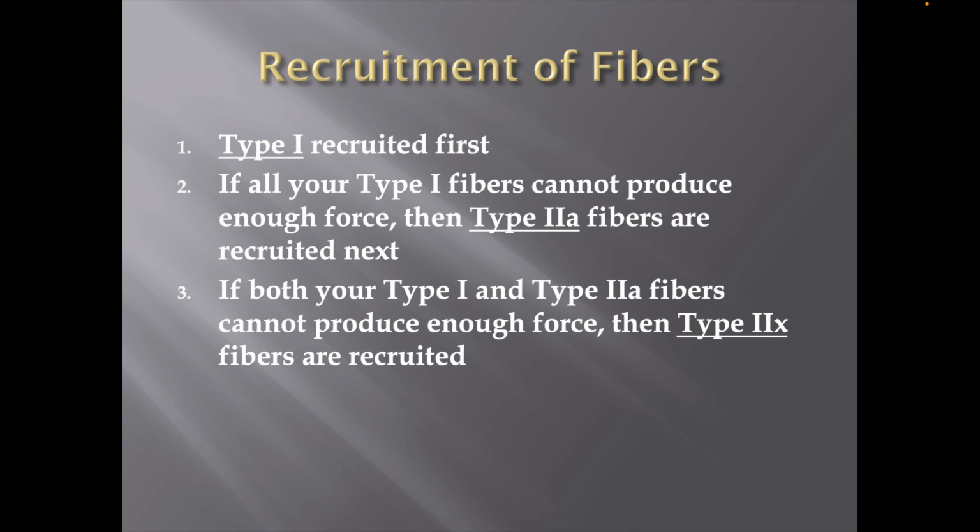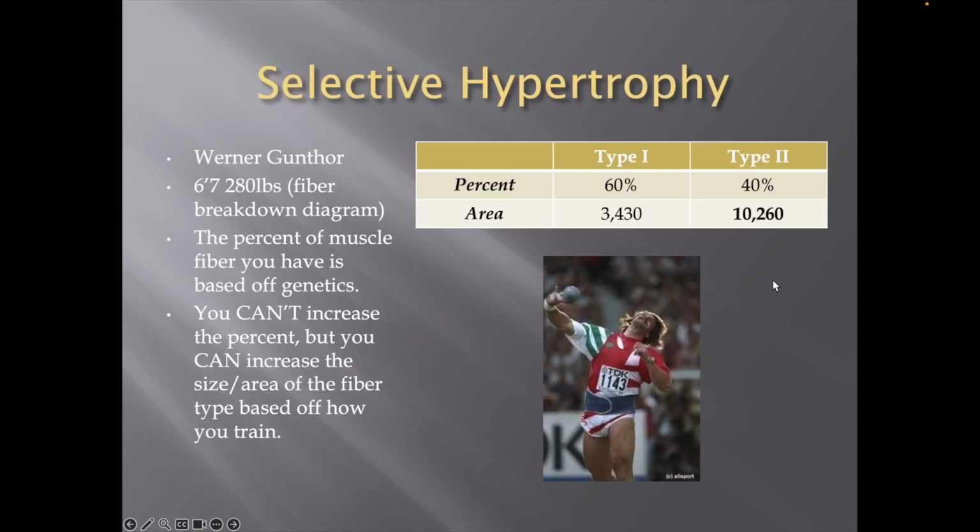But in order to move that shot put quickly, he has to produce force quickly. So the type 1 muscle fibers might not be enough to produce the necessary force fast enough to throw that shot put. And therefore, because of that, in his training, he had to recruit the type 2A and type 2X muscle fibers to perform his weightlifting movements and to perform his shot put throws.